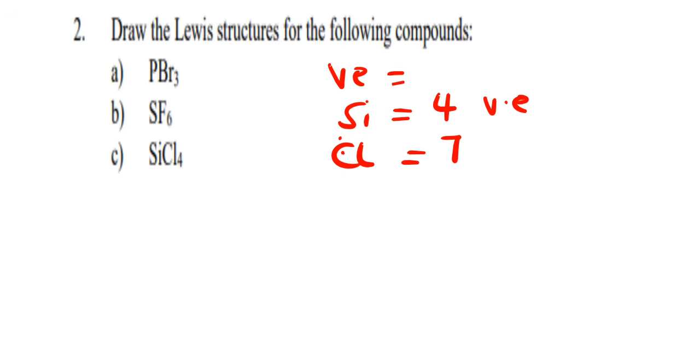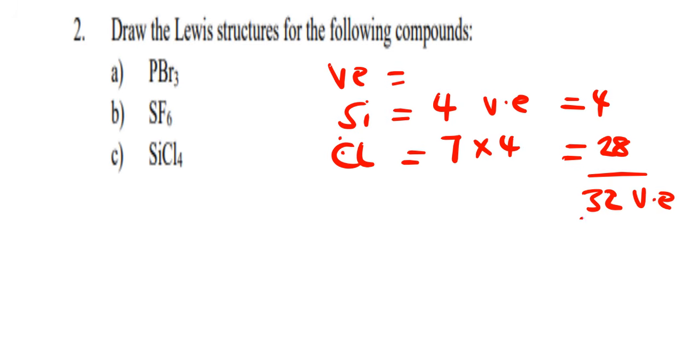How many chlorine atoms do we have? We've got 4, so we're going to multiply it by 4. So we have 4, then 7 multiplied by 4. What do we have as an answer? 7 multiplied by 4 is 28. So 4 plus 28 gives us 32. So we've got 32 valence electrons for these atoms.